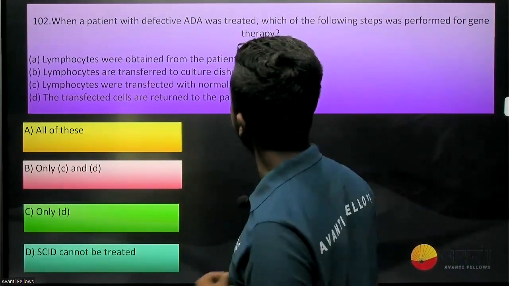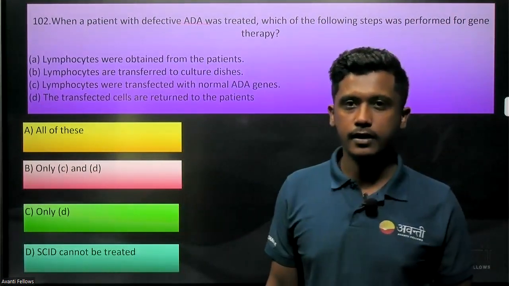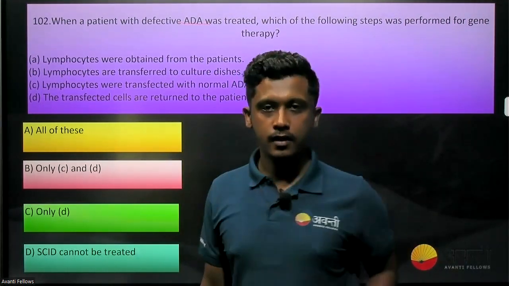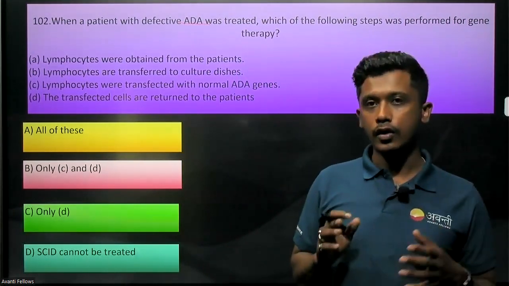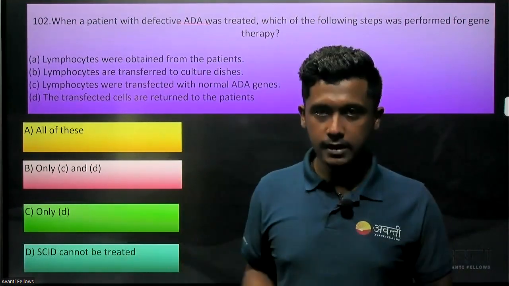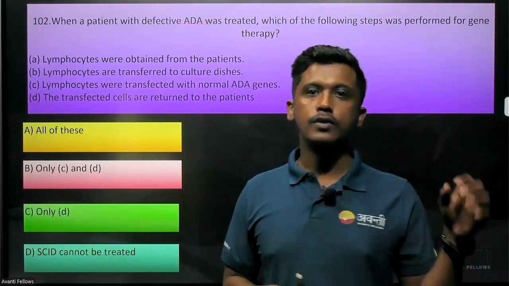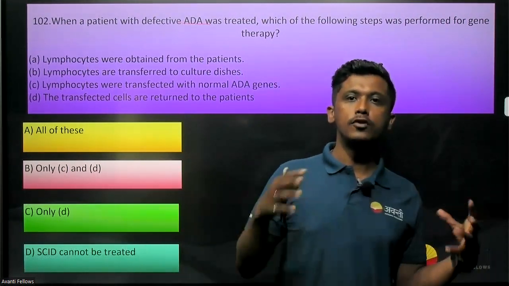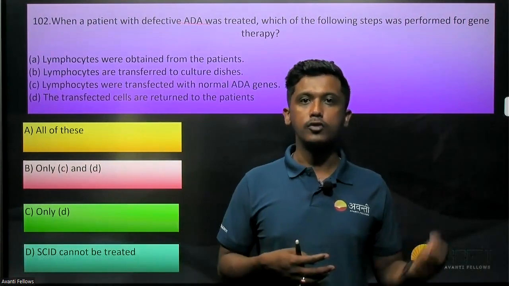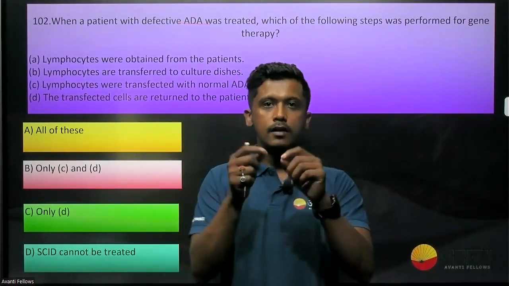The question says the patient has ADA deficiency. ADA is adenosine deaminase deficiency. Here a person lacks adenosine deaminase, an enzyme which is responsible for immune function. In the absence of this enzyme, our immune function fails. That leads to the failure of our immune system to detect antigens, that is external agents.